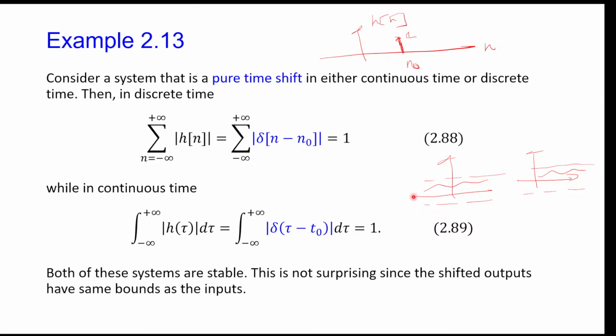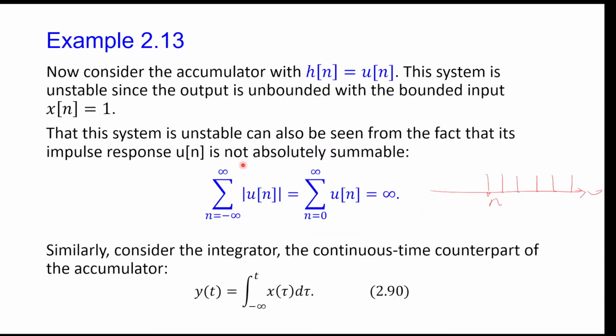You're just shifting the signal left and right, and obviously the highest point and lowest point of the signal are not changed. Okay, so pure time shifts are BIBO stable, and you see that their impulse responses are absolutely summable or absolutely integrable.